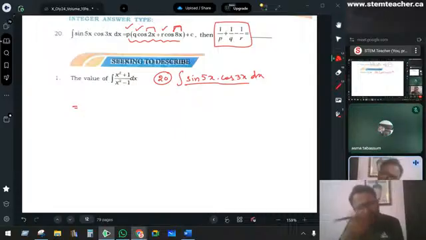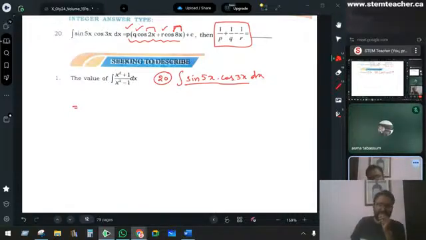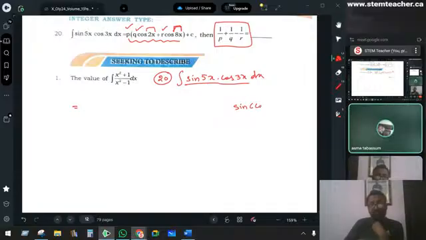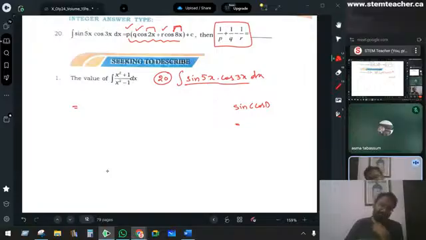Is there any relation between the numbers? So that is the cos 3x formula, I think. It is sin C cos D formula. Do you know sin C cos D?